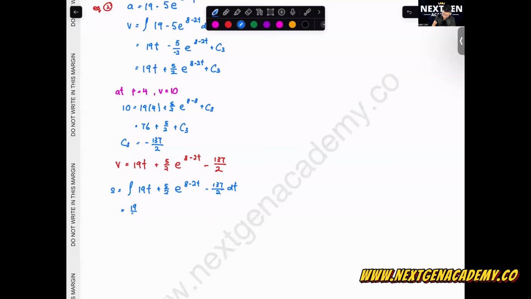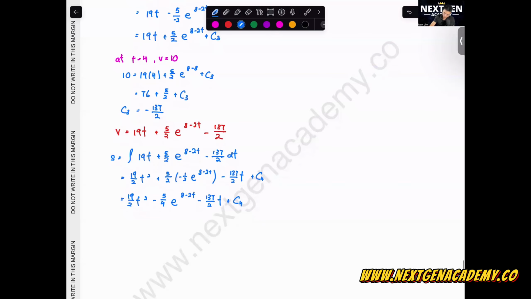We will get 19 over 2 t squared plus 5 over 2 times negative 1 over 2 e^(8 minus 2t) minus 137 over 2 t plus C4. Simplify this: 19 over 2 t squared minus 5 over 4 e^(8 minus 2t) minus 137 over 2 t plus C4.